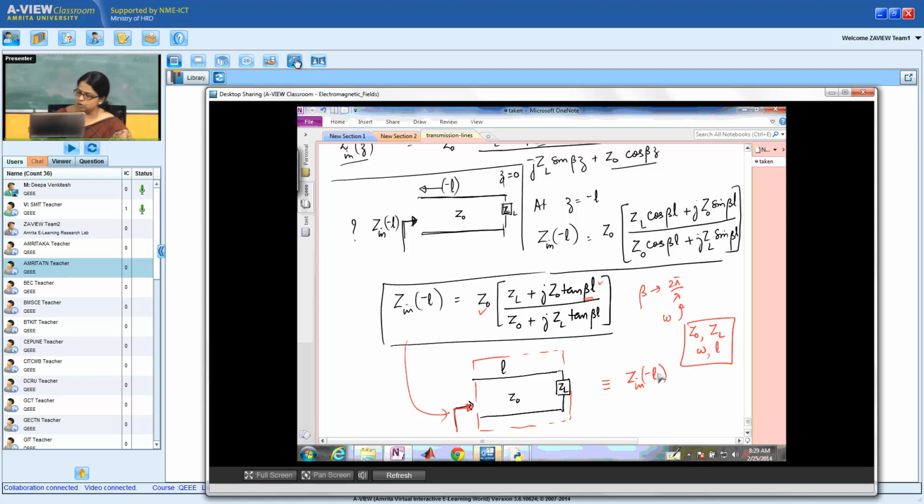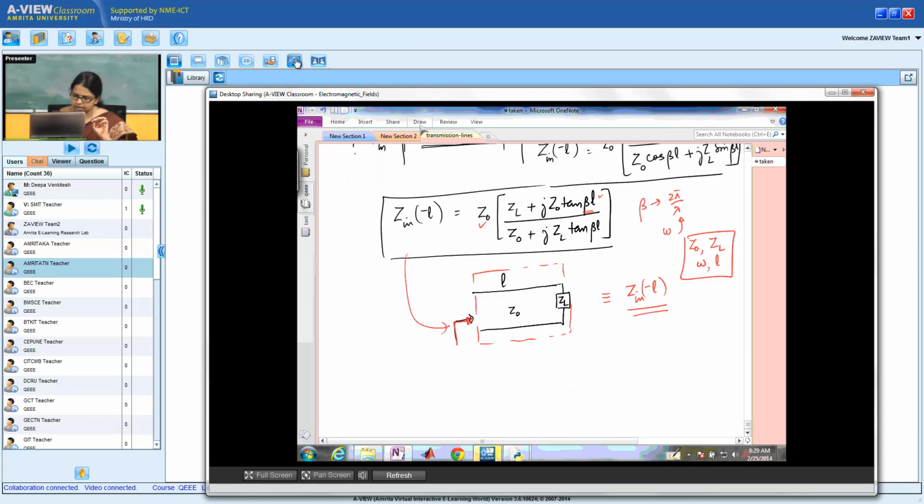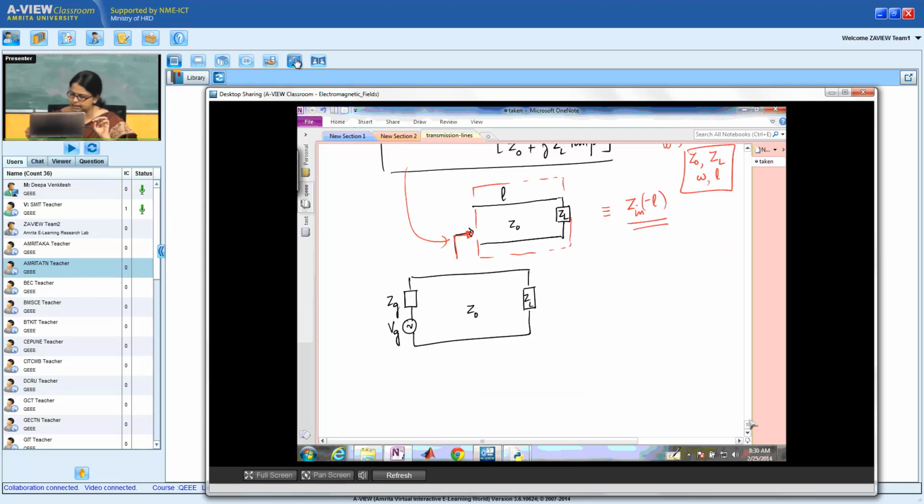If I know all these parameters, I know what is the equivalent impedance posed by the transmission line. In other words, when I am connecting a generator with its internal impedance to a transmission line with characteristic impedance Z0 and a load ZL, there are a lot of things happening in the line. You have a forward propagating voltage, you have a reverse propagating voltage, so you have a standing wave setup.